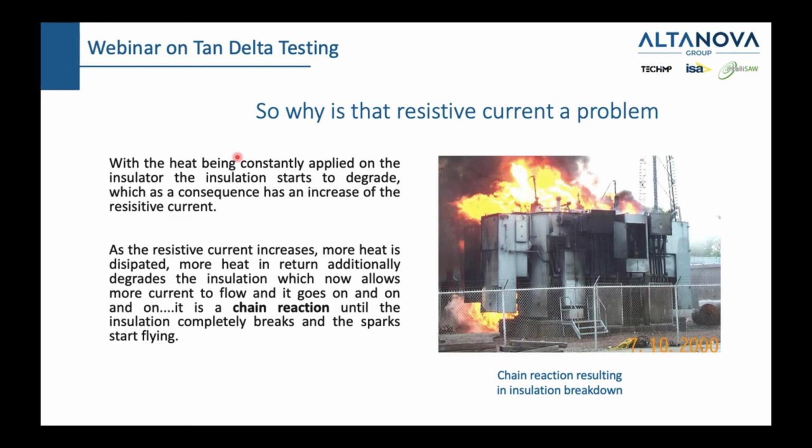As the resistive current increases, more heat is dissipated. More heat in return additionally degrades the insulation, which now allows more resistive current to flow, and it goes on and on and on, and it's a vicious circle. It's a chain reaction which, if not stopped at the right moment, will cause something like this. So hopefully that will not happen.